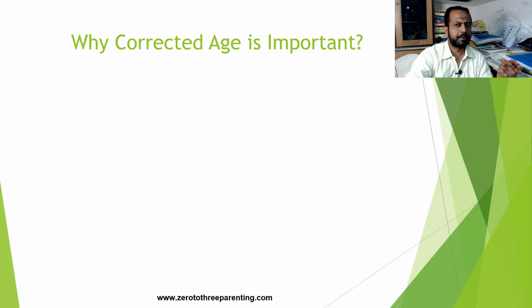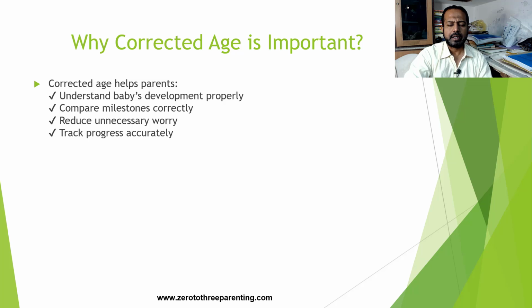What is meant by corrected age? Why is it important? Corrected age helps the parents to understand if the child is developing normally or not. It eases the parents' tracking of developmental milestones. If you compare preterm babies with normal children, most preterm babies are going to be delayed.